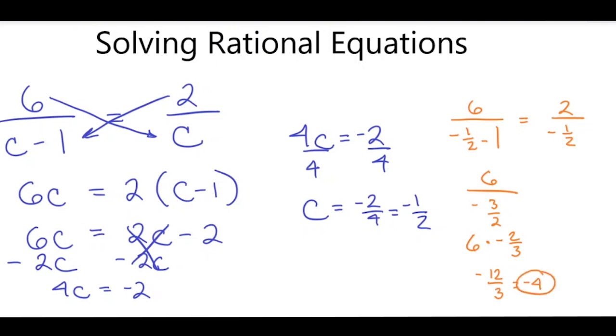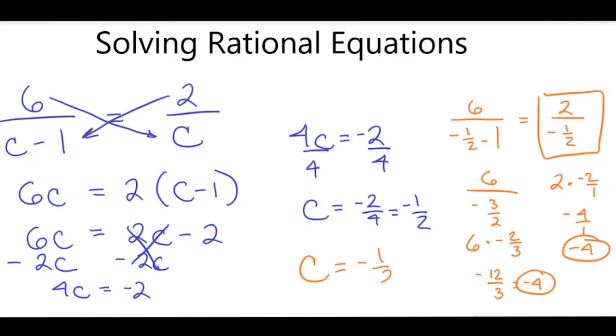And if I do the same thing on the right side of the equation, that's 2 times negative 2 over 1. Well, we simplify that, and it's negative 4 over 1, which is negative 4. And both sides are negative 4, so that means that c is equal to negative 1/2. And that's how you solve that rational equation. Hope that helps.